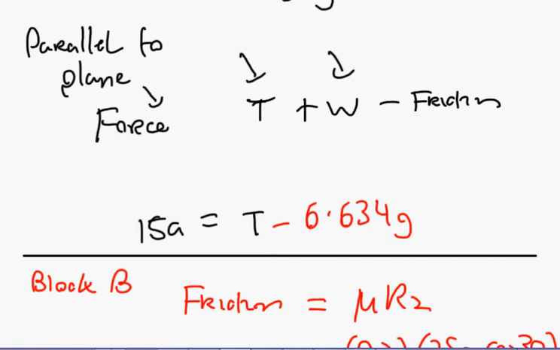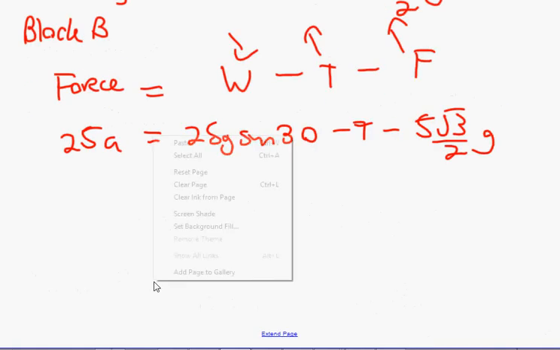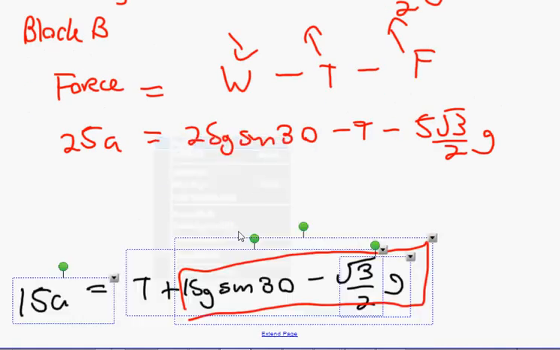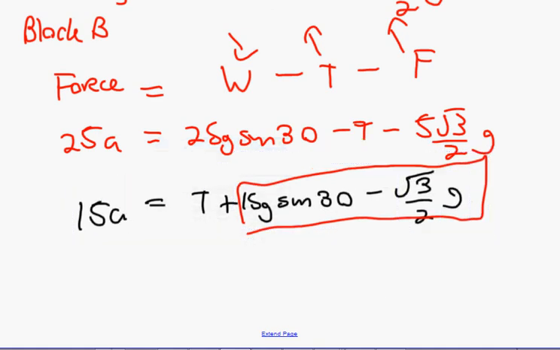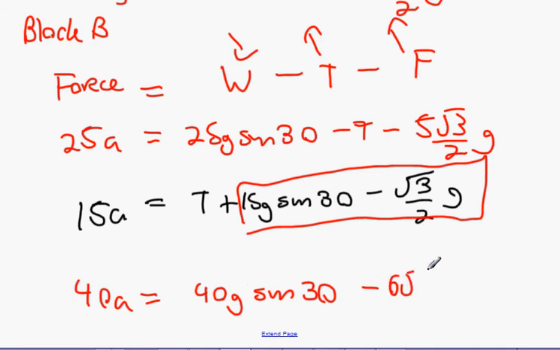This part here, that's equation A. This one here is equation B. Now, what I can get here, when I add them together, the tensions cancel, and I'm going to get 40A equals 40G sine 30. What's sine 30 by any? Can anybody tell me? Is that half? Okay, so sine 30 is a half, which is perfect. Minus 6 root 3 all over 2. 6 over 2 is 3, so it's going to be 3 root 3G.